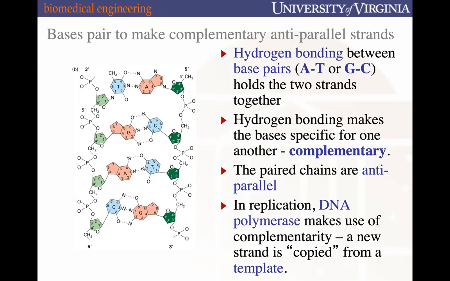And so that's what we mean by anti-parallel. They have opposite directionality, but they're complementary to one another. In replication, this complementary nature is leveraged when making copies, using what we call the template strand, the strand that's being used during DNA replication to make the subsequent copy.